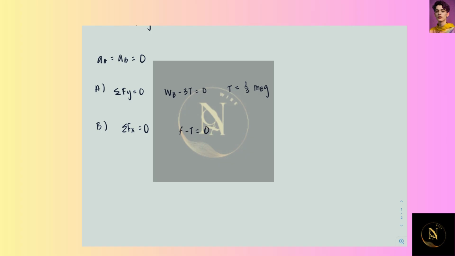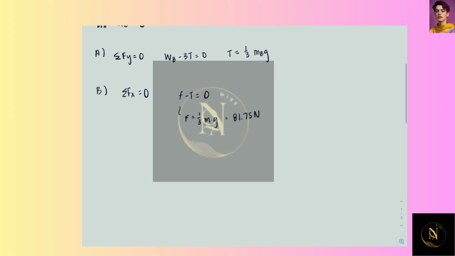And we know that this force of friction is equal to 1/3 times the mass times g, which is equal to 81.75 newtons. So this will leave us with this.